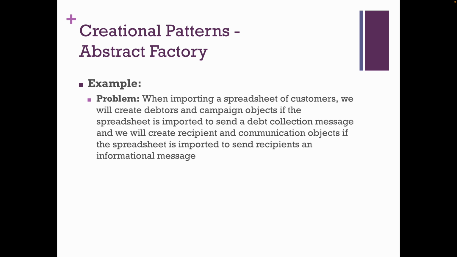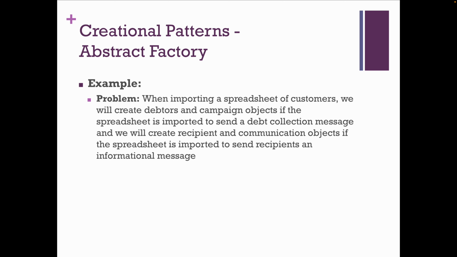But in my case, at work, we have to import spreadsheets of customers, and they could be either debtors with campaigns to collect debt from them, or they could be recipients with communication objects that will just send them an email and tell them, we just want to communicate something to you. We don't want to collect debt or anything. We just want to communicate a new privacy policy or something like that.